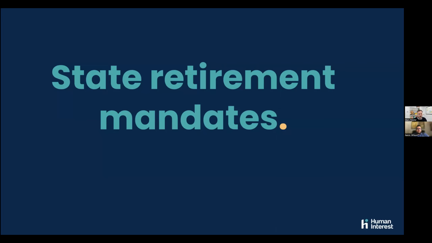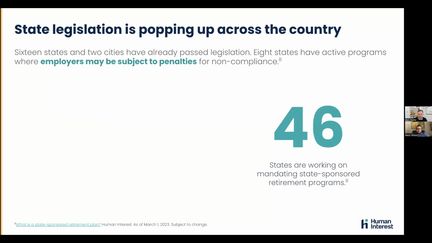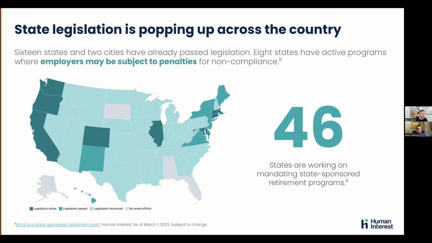So the states are going, let's see if we can change the narrative on this. And they've said, what we're going to do is start requiring people to have plans in place. Now, when we do that, we will offer a state-run program for free, but they have to choose whether they want that or a more powerful, qualified retirement plan in its place.